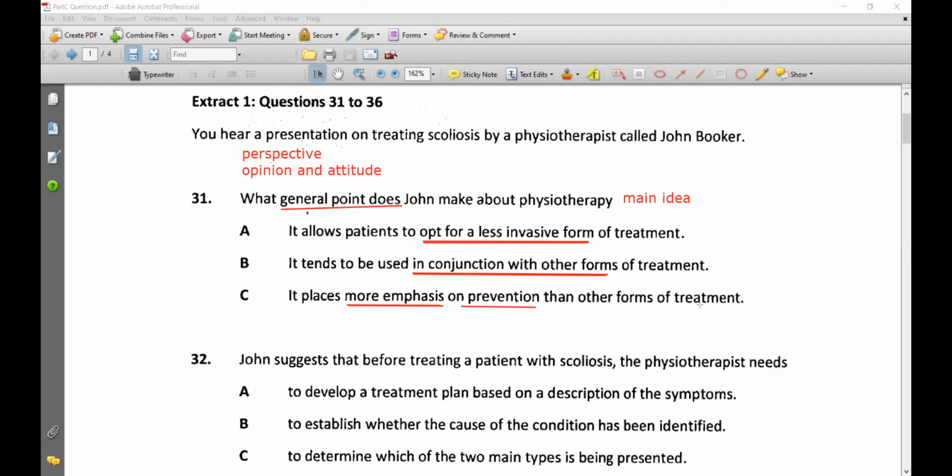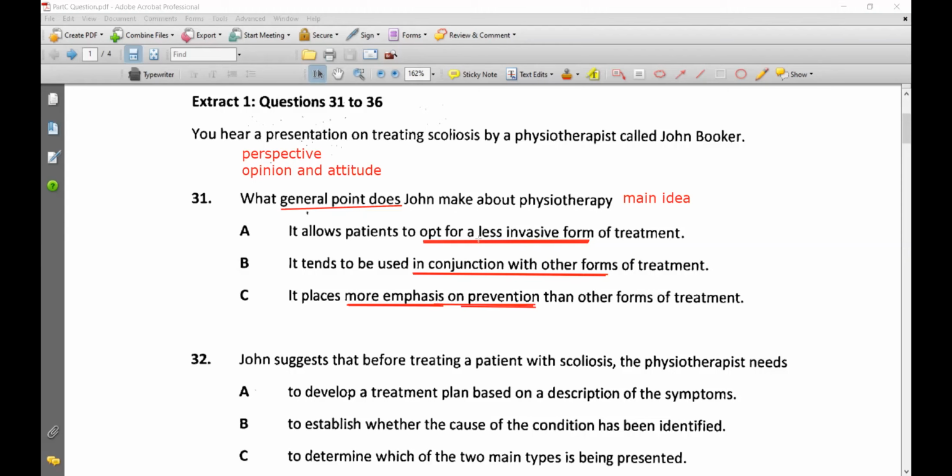And are there any answer choices which are very close? Or what is that minute difference that can help me differentiate between those two answer choices? So here I have answer choice A and answer choice C that are basically a comparison of physiotherapy with other treatment choices, but the comparison is in a different way.